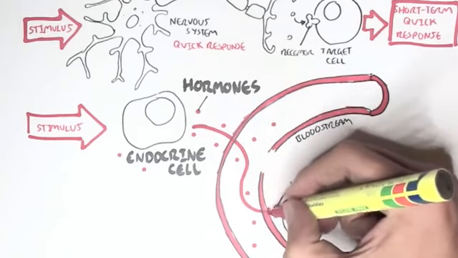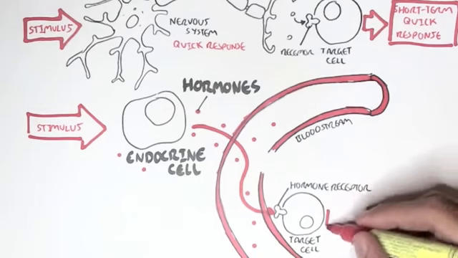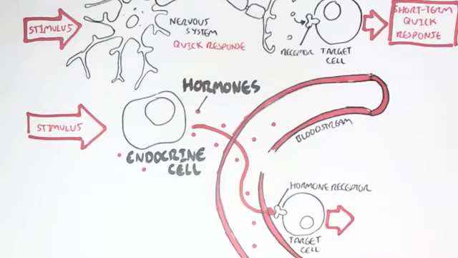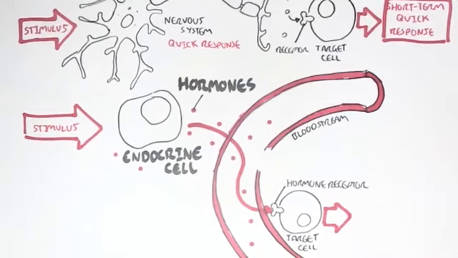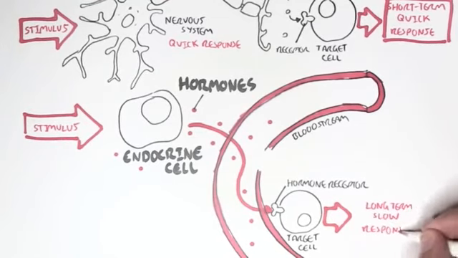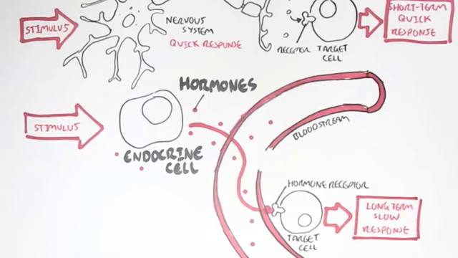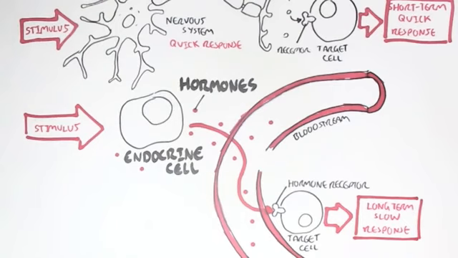These hormones will then target and bind onto a specific receptor on a target cell. This will cause the target cell to initiate a long-term, slow response. So that is a major difference, in that the nervous system is a short-term, quick response, whereas the endocrine system is a long-term, slow response.